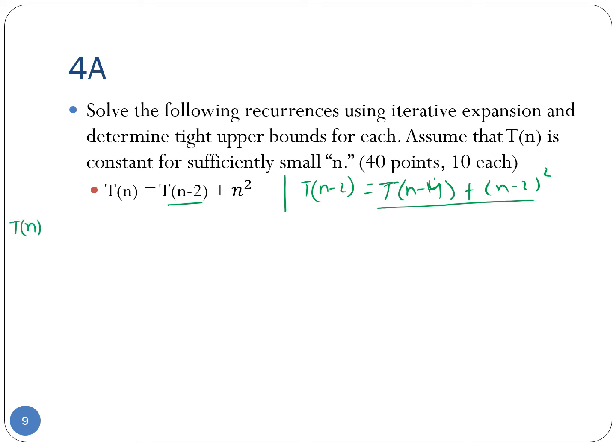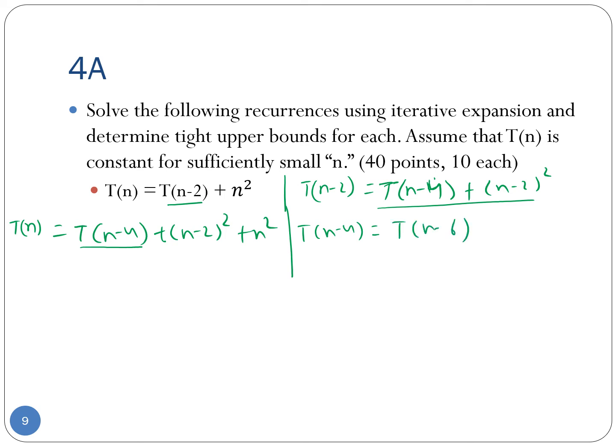So we get T(n) is equal to T(n minus 4) plus (n minus 2) whole square plus n square. Now let's expand for T(n minus 4). Using the same method, we get T(n minus 4) is equal to T(n minus 6) plus (n minus 4) whole square.